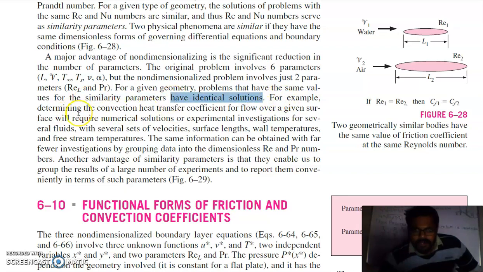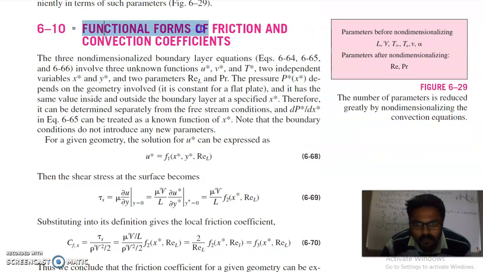For example, determining the convection heat transfer coefficient for flow over a given surface will require numerical solution or experimental investigation for several fluids with several sets of velocities, surface lengths, wall temperatures and free stream temperatures. The same information can be obtained with far fewer investigations by grouping data into dimensionless Reynolds and Prandtl number function forms of friction and convection coefficients.